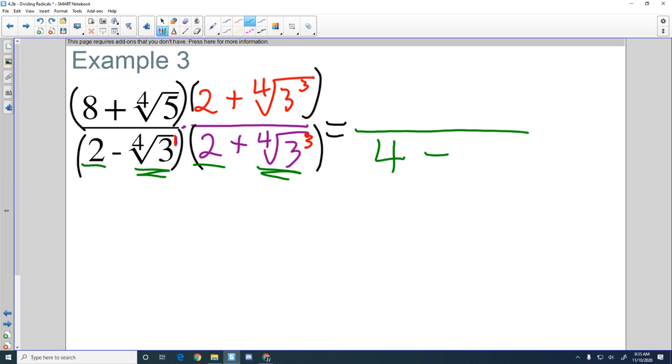And then the 4th root of 3 times the 4th root of 3 to the third would technically become the 4th root of 3 to the 4th. And that's what I wanted. I wanted that exponent to match the index, because when that happens, they cancel out and leave us with just that 3. And that was our focus, that the radicals were gone all the way. So that's a 3 in the denominator.